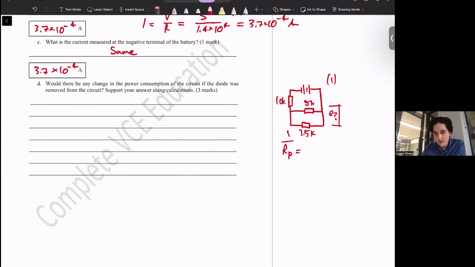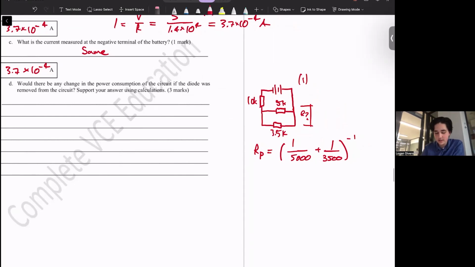Again, it's 1 over again. But if you really want to take a bit of a shortcut, I'll show you guys actually. What you can do instead, if you want to do it all in one line, is just 1 over 5. So we'll do 5,000 for simplicity's sake. 1 over 3,500. And put that all to the power of -1. That will immediately flip it over.